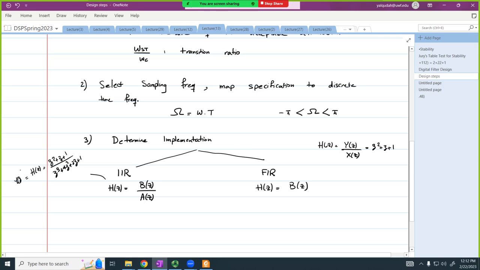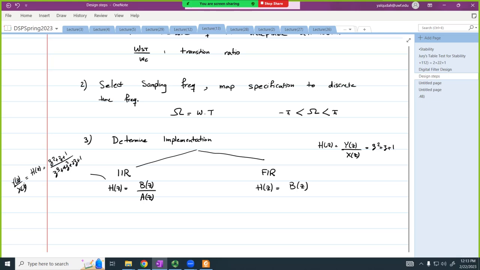Y of Z over X of Z. When I calculate Y of Z, when I multiply across and convert it to the time domain, it is going to have multiple terms that multiply y of n. When I move them to the other side, I'm going to have y of n that depends on the output and on the input. Is that clear, everybody?